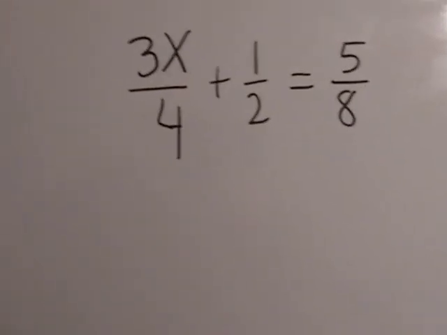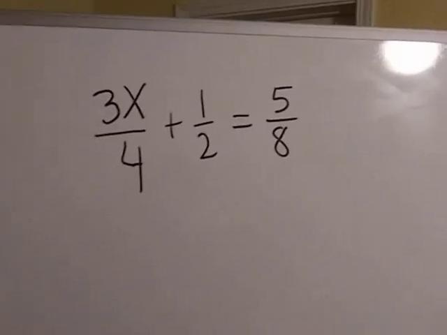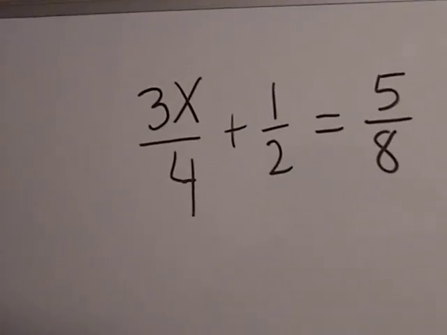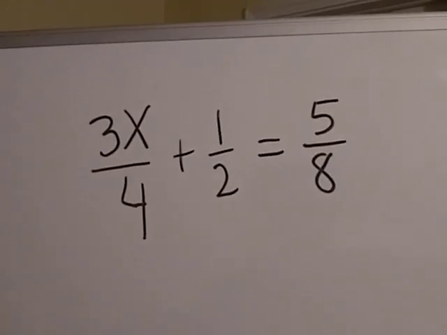Okay, so let's say we have that problem here. We have 3x over 4 plus 1/2 equals 5/8.